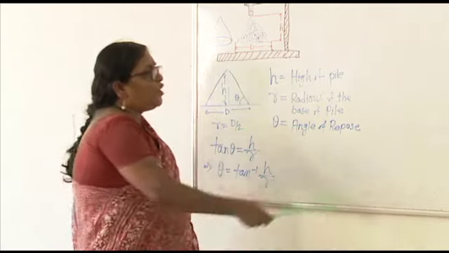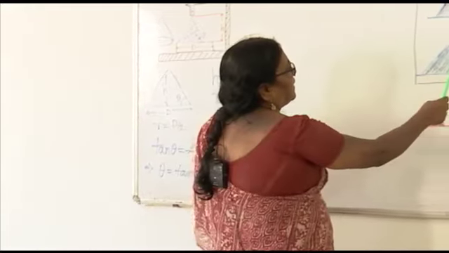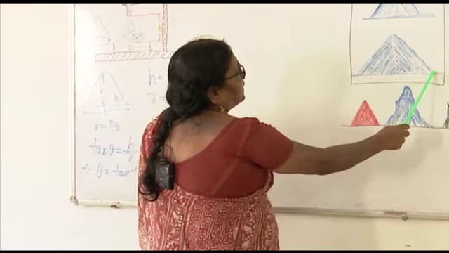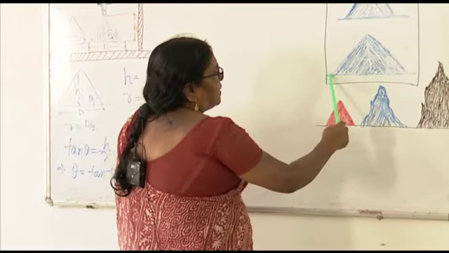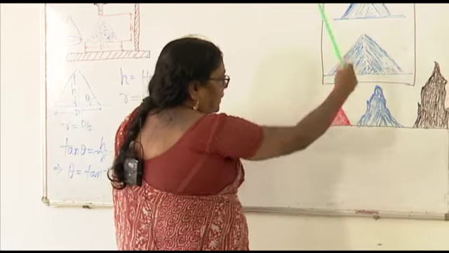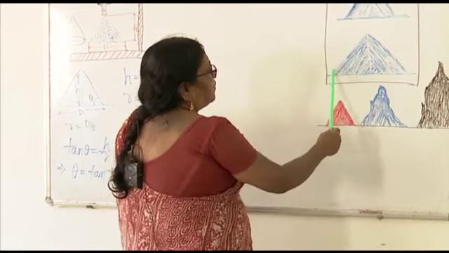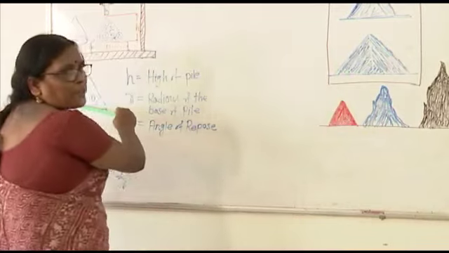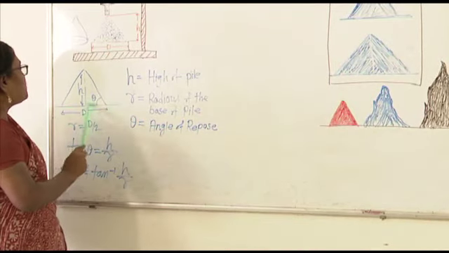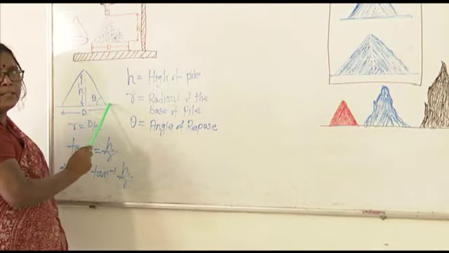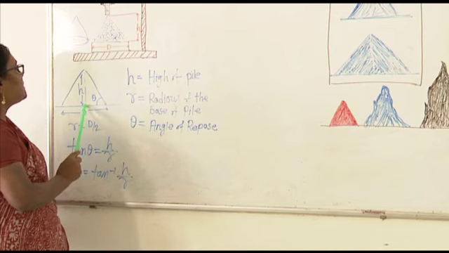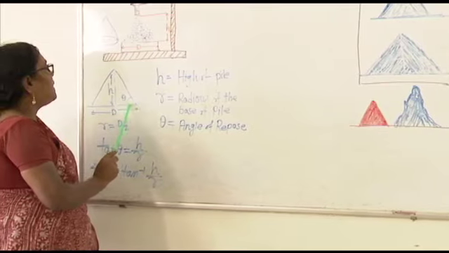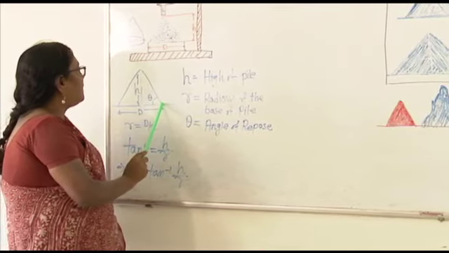Similarly, here also we have a circular base, and if you take a vertical cross section, you will get this shape. This one is your diameter, the whole thing. Take the central point, this will make the base of a right-angled triangle.